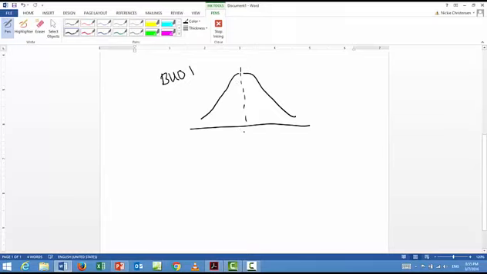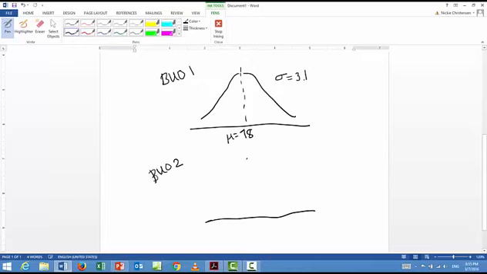In the first exam, the average score of BUO1 was 78% and the standard deviation was 3.1. So the average score for one of my classes on the first exam was 78, and the standard deviation was 3.1.